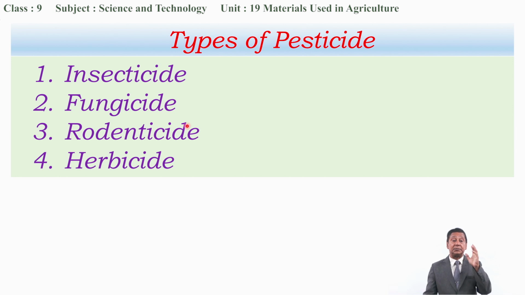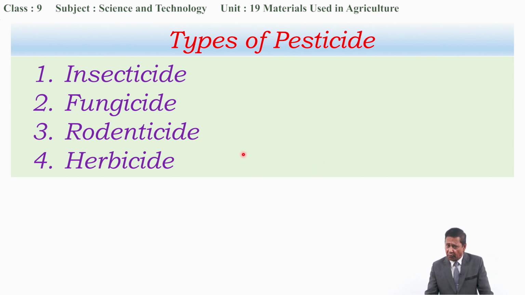If a chemical substance is used to control fungi, it is called fungicide, and if the same chemical substance acts against these rodents, then this is called rodenticide, and weedicide or herbicide is used to control the weeds, which we say the grasses which are unnecessary in the crop field.